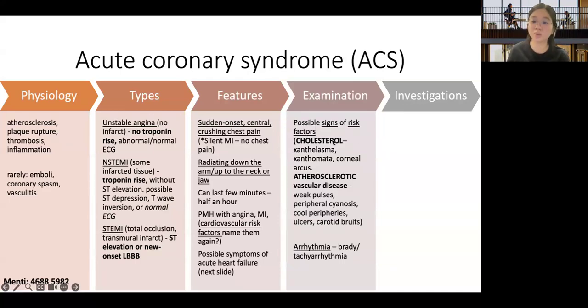Cholesterol might show up as a xanthelasma, xanthomata, or corneal arcus, although you might want to note that in old people, a corneal arcus is quite common. Atherosclerotic vascular disease might cause weak pulses, peripheral cyanosis, cold peripheries, all the signs you learn on your vascular rotation. And arrhythmia, like a brady- or tachyarrhythmia, might also be suggestive of something going wrong with the heart.